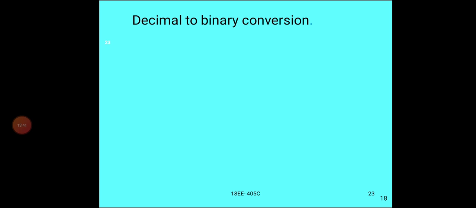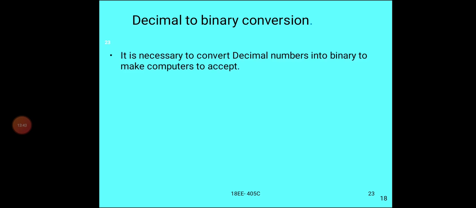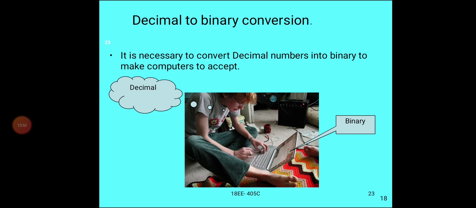Decimal to binary conversion. It is necessary to convert decimal numbers into binary to make the computer accept them. On the keyboard, we are feeding the data to the computer. On the keyboard, we are pressing the decimal values.